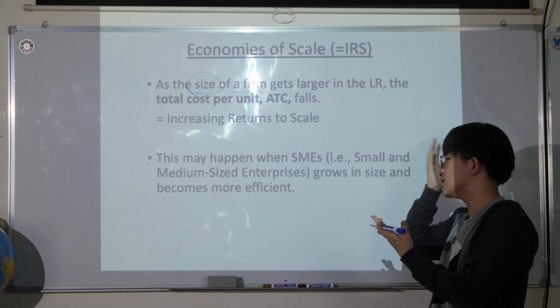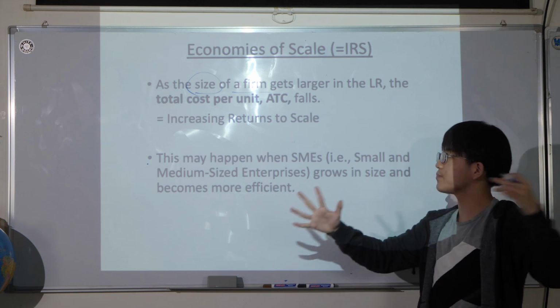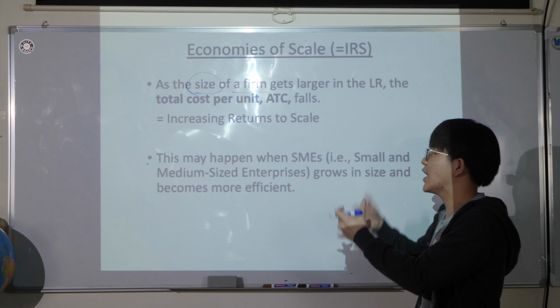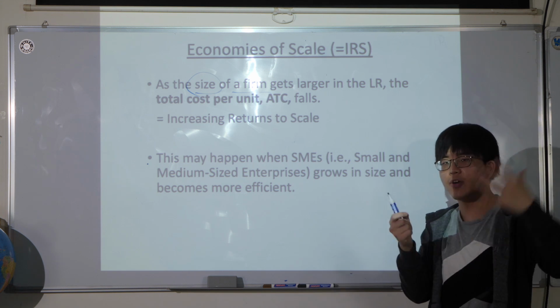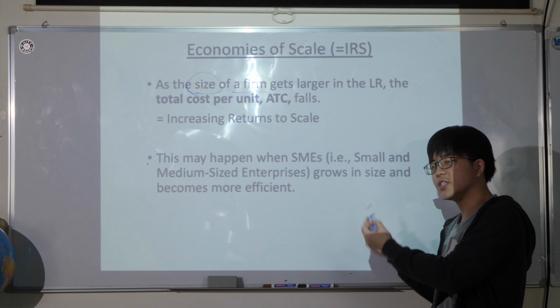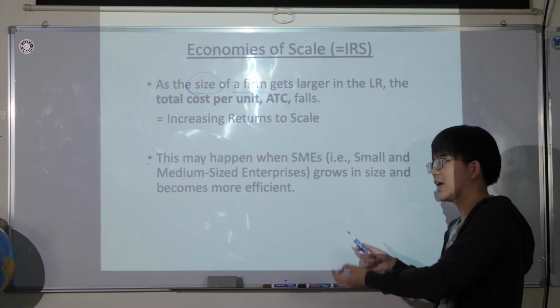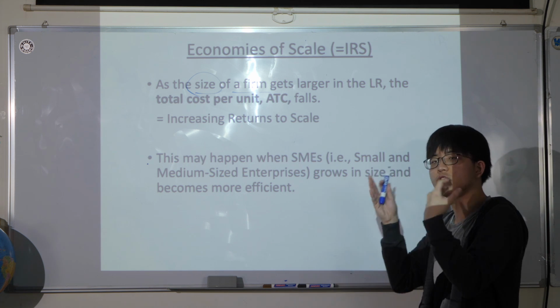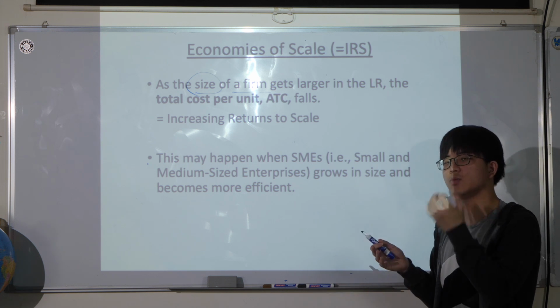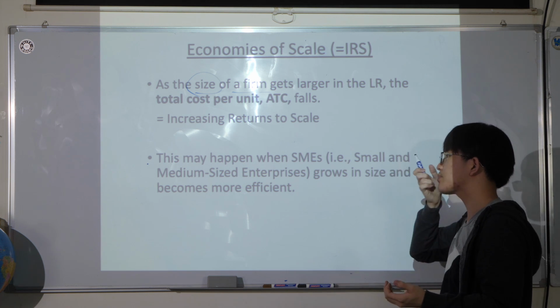The reason is we have a much larger firm, and that's why we say economies of scale. That term means that the size of the firm will be greater than before. And in that case, because of some other reasons, which we will learn right after this slide, the ATC will start to decrease, and that's the reason why we have economies of scale.